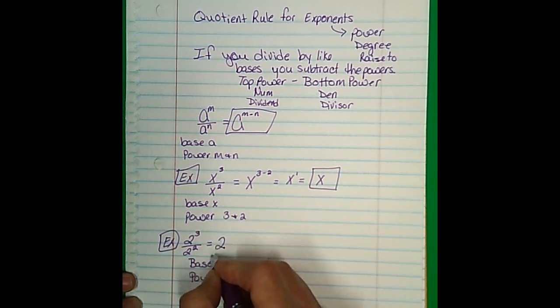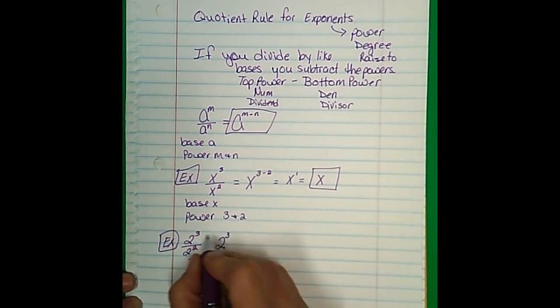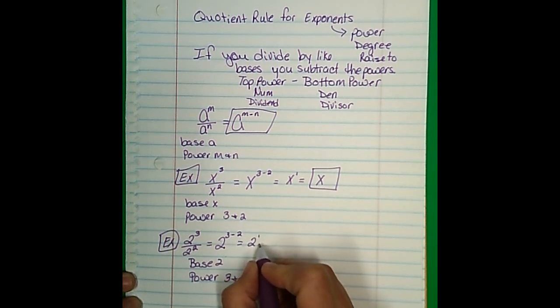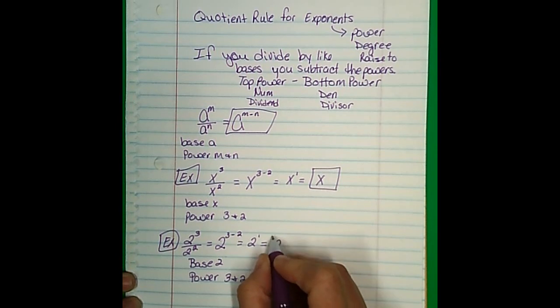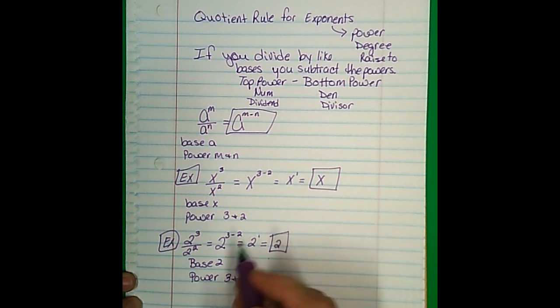I'm going to use this rule, top power minus bottom. So I'm going to have 3, because that's the top power, minus the bottom, which is 2. So 3 minus 2 is 1. Of course, that's not simplified form. It would just be written as 2. So that's simplified form. And that is using the quotient rule of exponents.